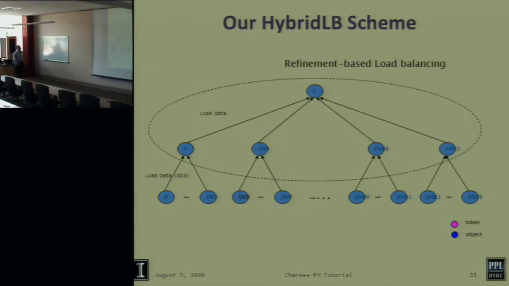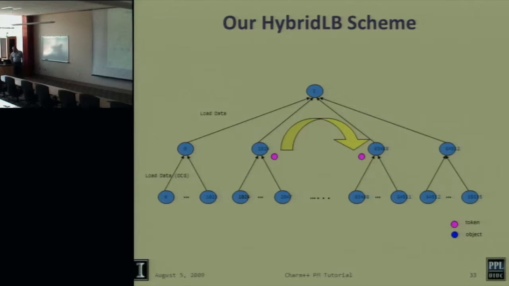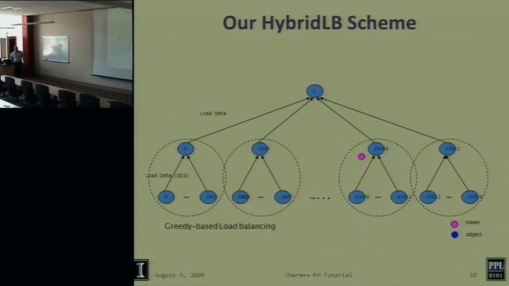At the very top, you can use a simple refinement scheme because you don't want to make aggressive changes across these large groups. And at the bottom, you can be using a much more detailed scheme. As refinement finds that there's an imbalance from this region to the next region, it can tell the overloaded region to give some work to the less loaded region. At the bottom, you can use a centralized scheme.